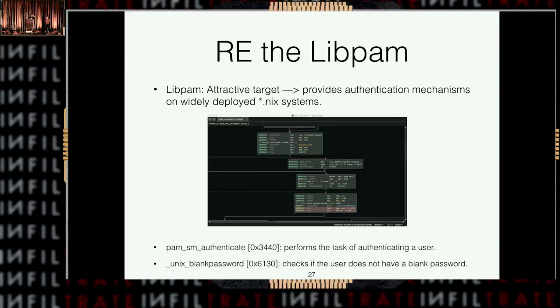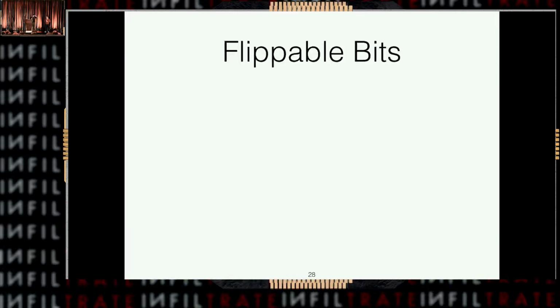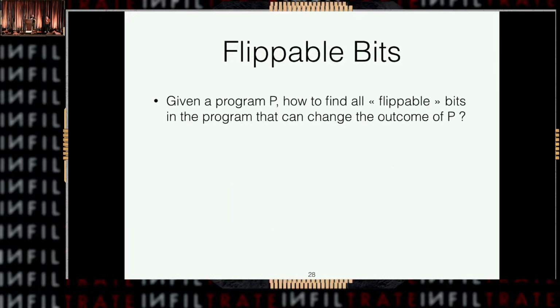So now the question is, given the instance of libpam or any program P running on the victim VM, how can we find all bits in that program P that can change the program if the bits are flipped? Doing it manually is very painful, and we could for sure miss some interesting bits to flip.